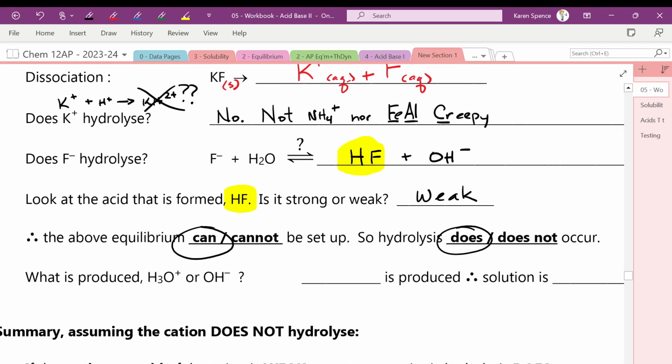We're on page 37. What is produced in the hydrolysis, H3O plus or hydroxide? Hydroxide. So OH minus is produced. The solution is basic. And remember, anionic hydrolysis is usually basic.